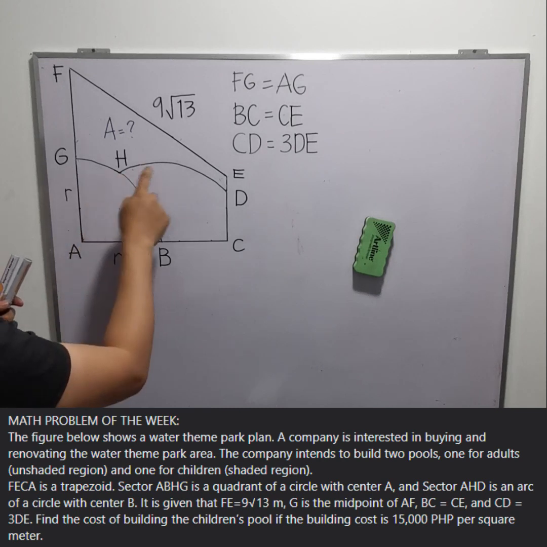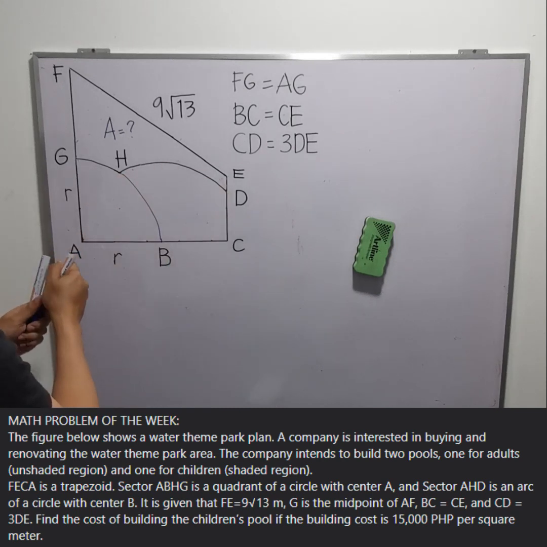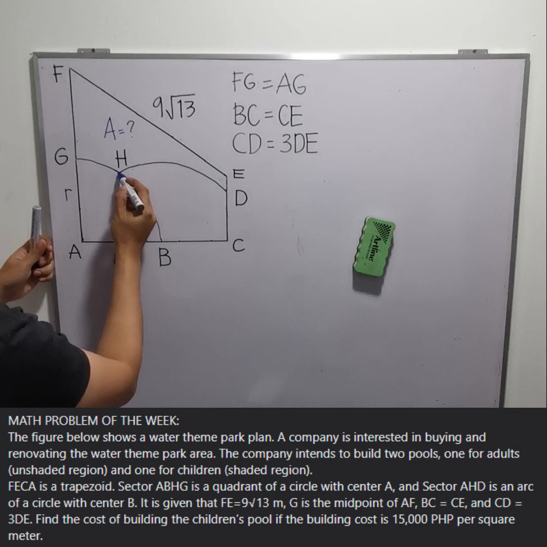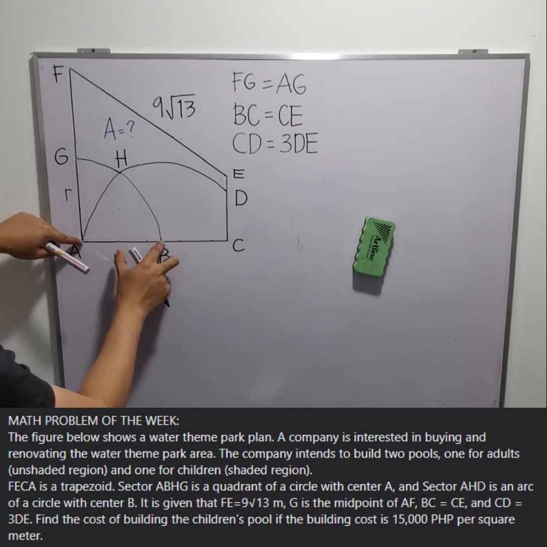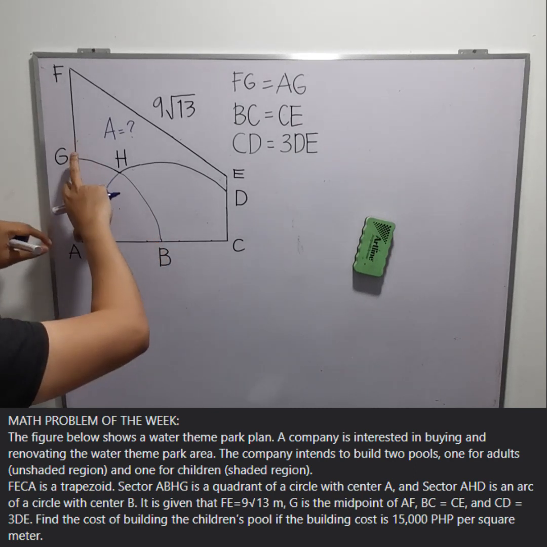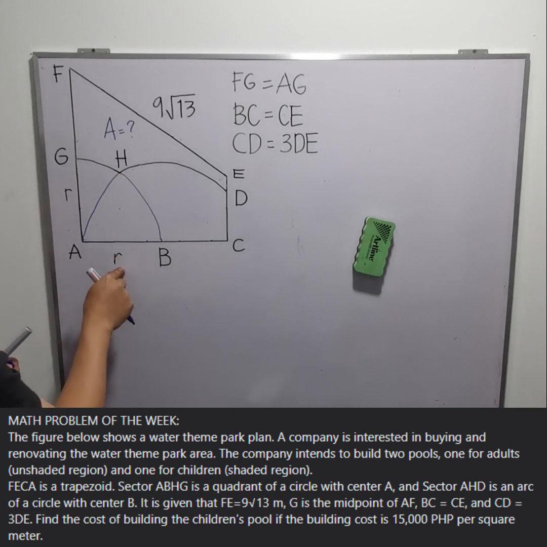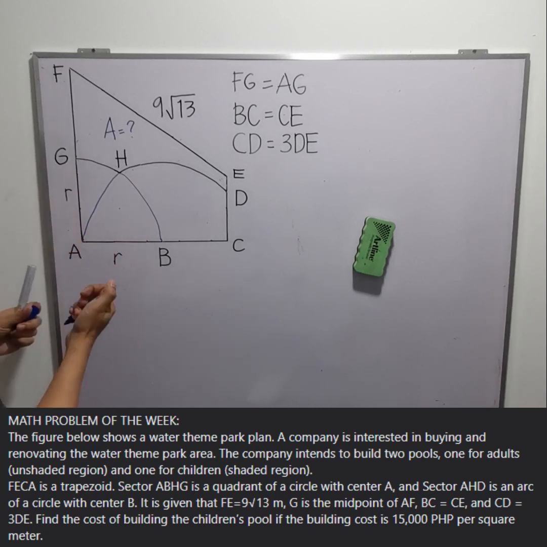This one. Just extend the arc again up to this point. From the center up to this point is also the same radius as the quarter circle, so this is R and this is R also.